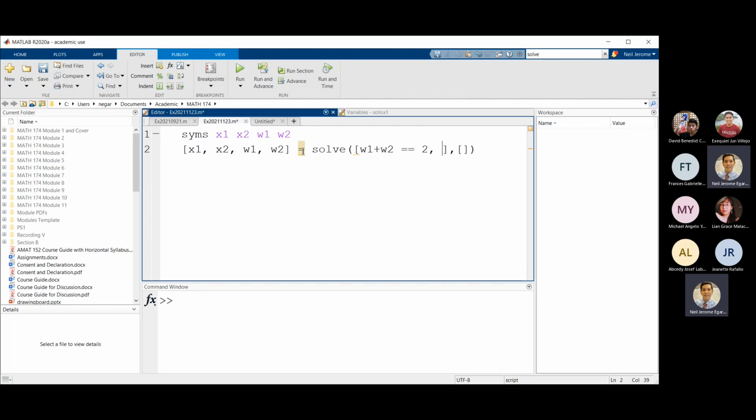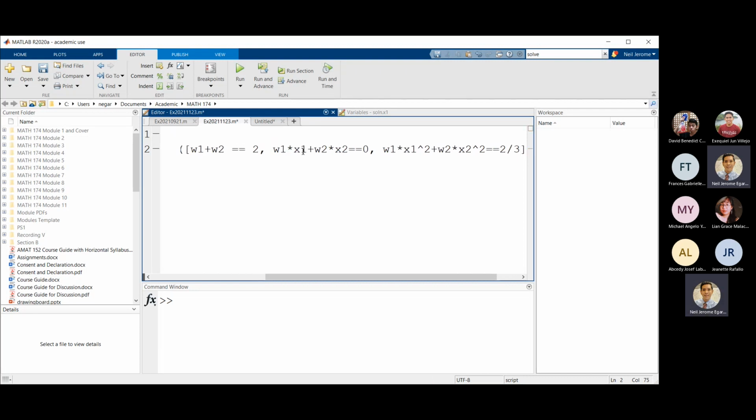So, yung pangalawang equation dun sa system ay W1 times X1 plus W2 times X2, and it should be equal to 0. All right, yun yung nakita natin kanina. Third equation will be W1 times X1 squared plus W2 times X2 squared, and that should be equal to 2/3.